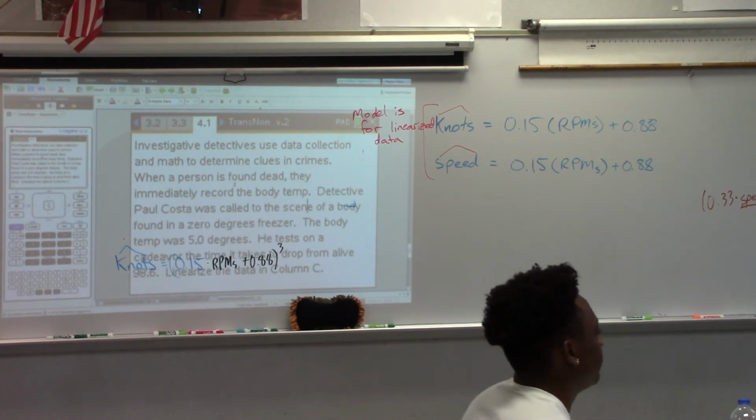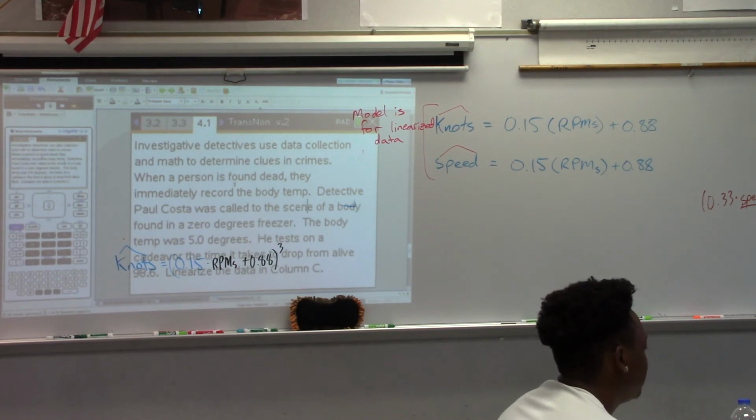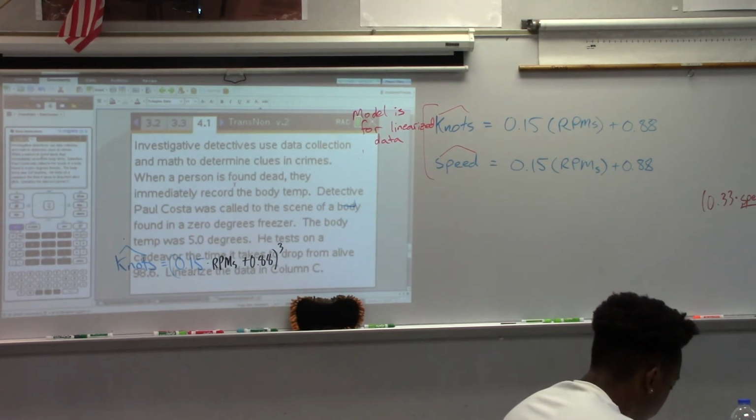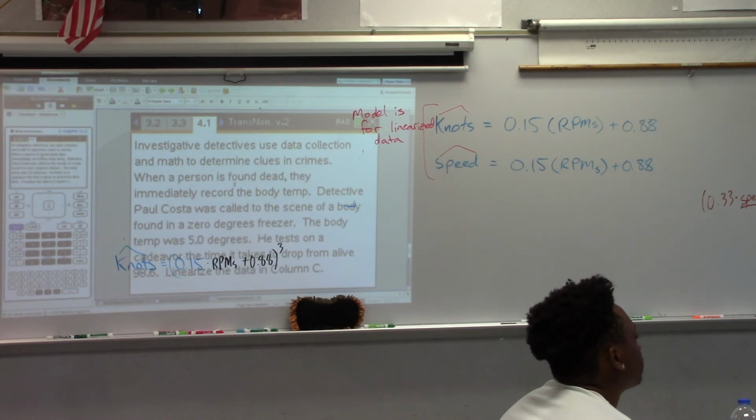But when he was alive, it was 98.6. Exactly. So let me ask you a question. Contextually, and this is an important thing we actually have to think through, are we going to use the body temperature to figure out the time?